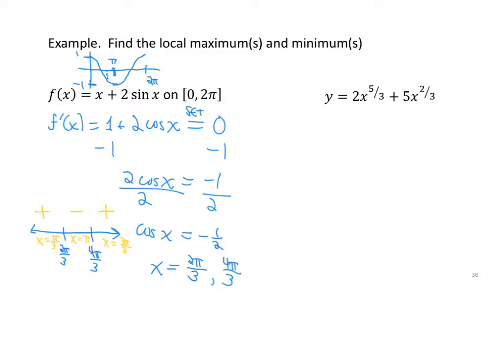Well, we say that we have a local max at x equals 2 pi over 3. And we say we have a local min. Local min, remember derivative changes from negative to positive, that's a local min at x equals 4 pi over 3.